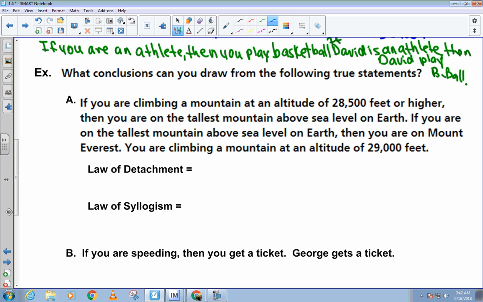If you're at an altitude of 28,500 feet, then you're on the tallest mountain above sea level on Earth. Okay? That's what I would conclude with the law of detachment. You are on the tallest mountain above sea level on Earth.